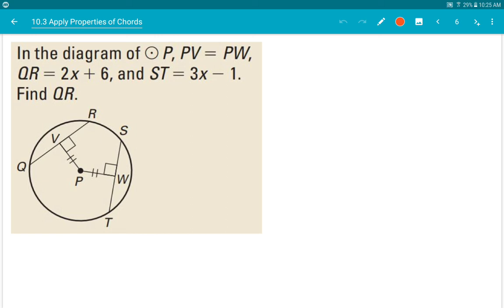Since these two are congruent, and I know that this is my radius and this is my radius, those two radii are congruent. That creates an HL theorem, which tells me that the entire segment QR is going to be congruent to the entire segment ST. So if they're congruent, then 2x plus 6 equals 3x minus 1, and then we start solving.